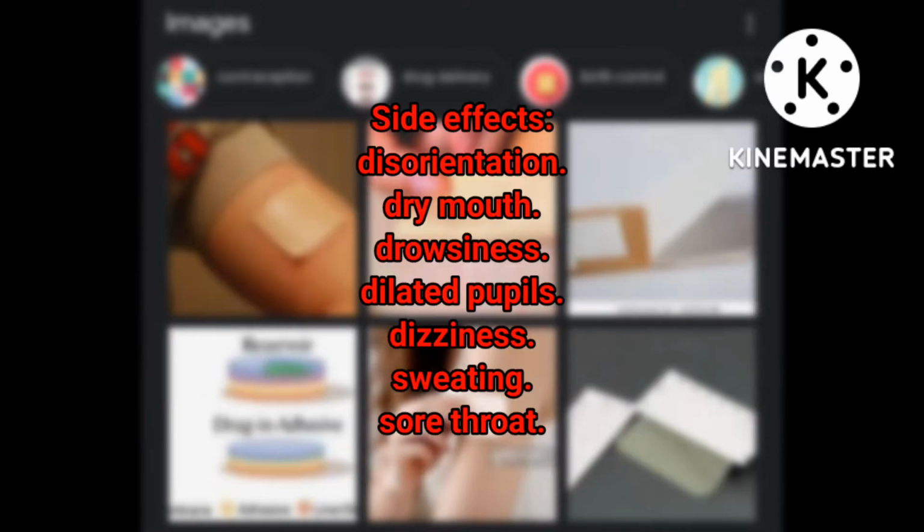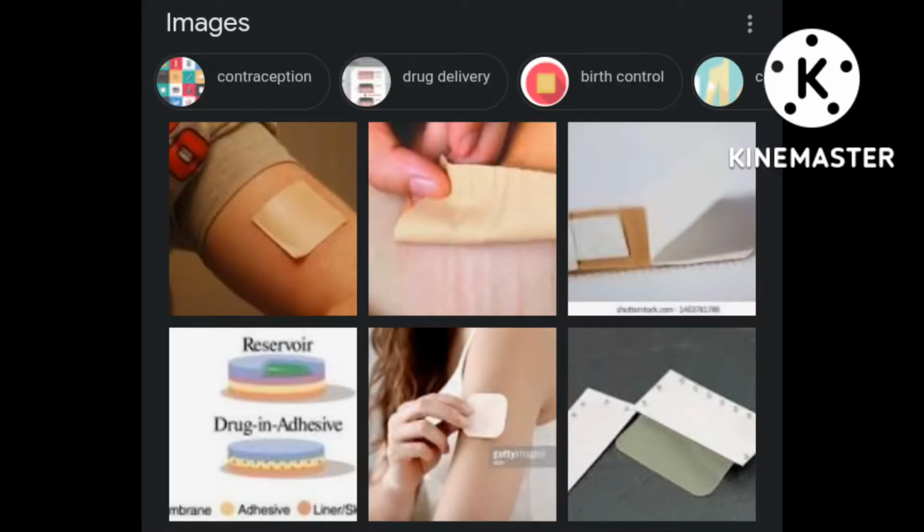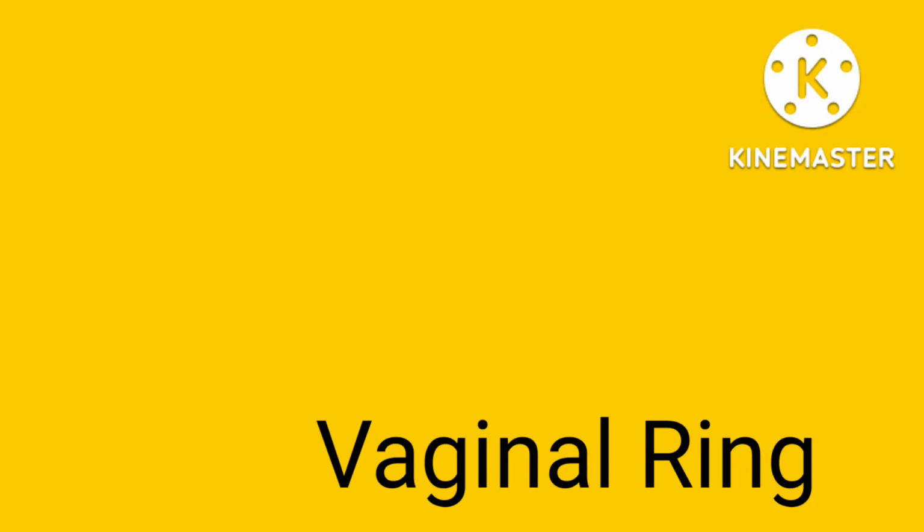Side effects: disorientation, dry mouth, drowsiness, dilated pupils, dizziness, sweating, and sore throat. As you can see, these are the pictures of the transdermal patch.